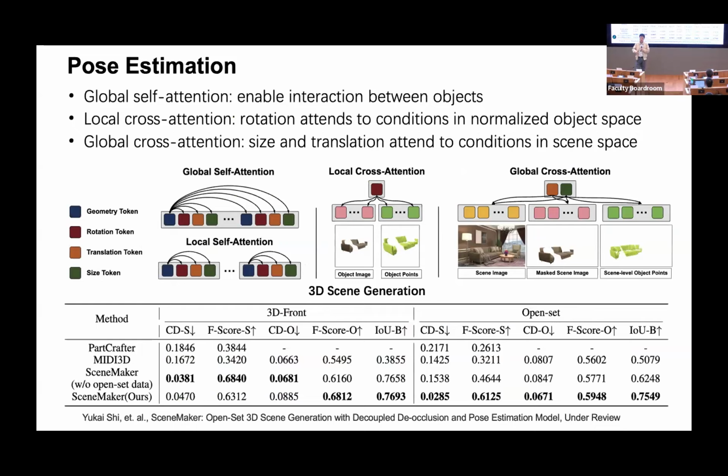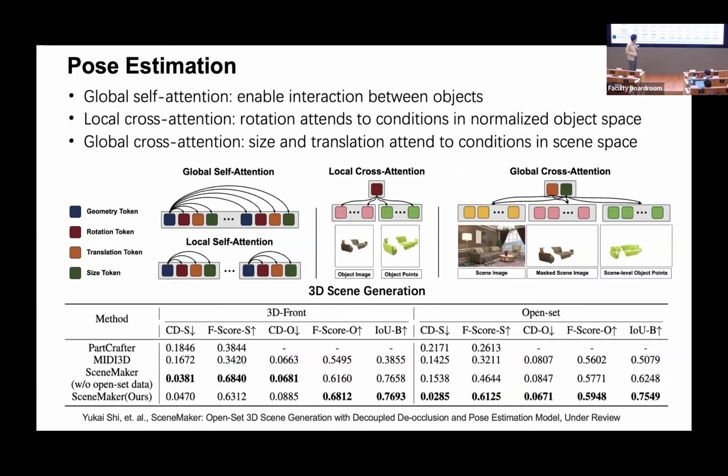For each object, we have its 3D token, and then we insert 3 additional tokens for rotation, translation, and scale or size estimation. And then we apply this attention mechanism to eventually compute all those parameters we care about.